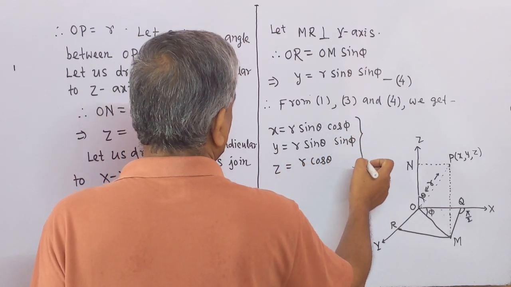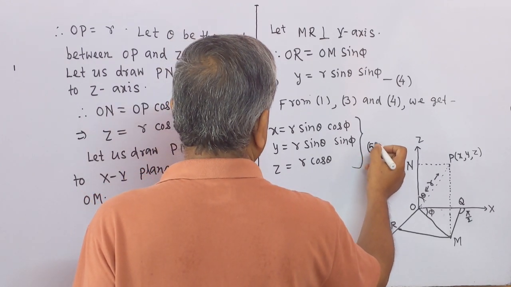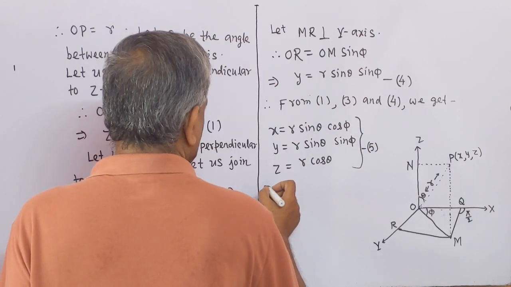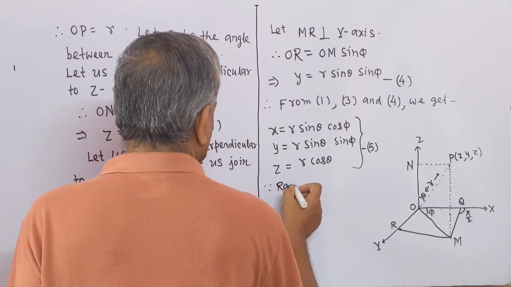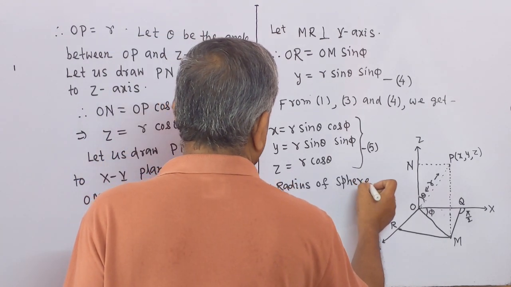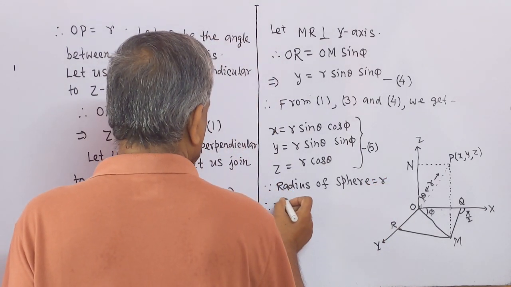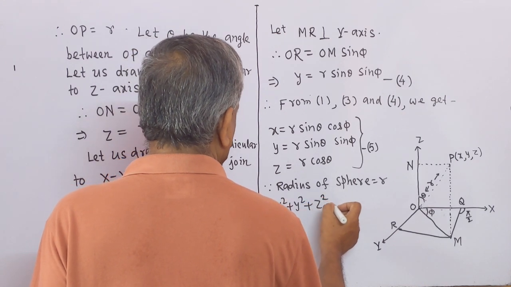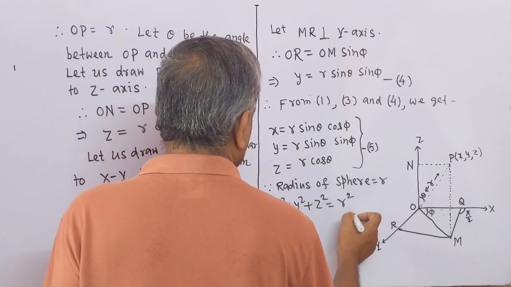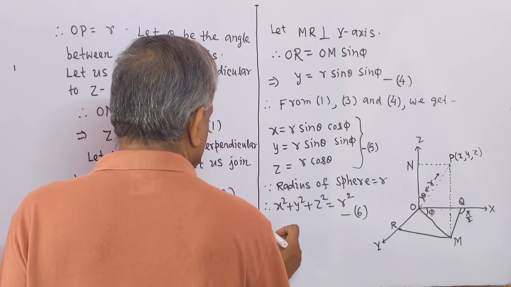Let this equation be 5. Since radius of sphere equal to r, therefore x square plus y square plus z square equal to r square. This is number 6.